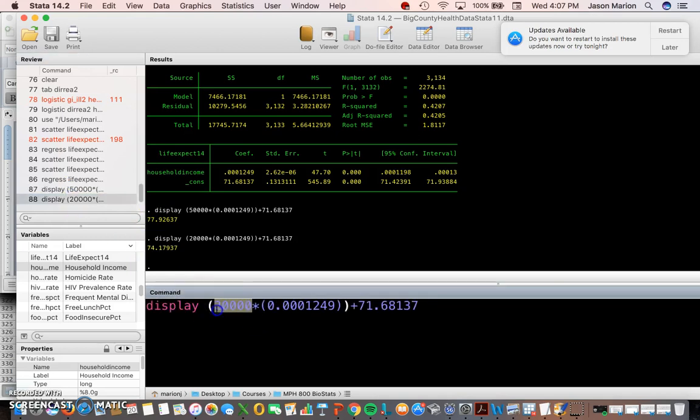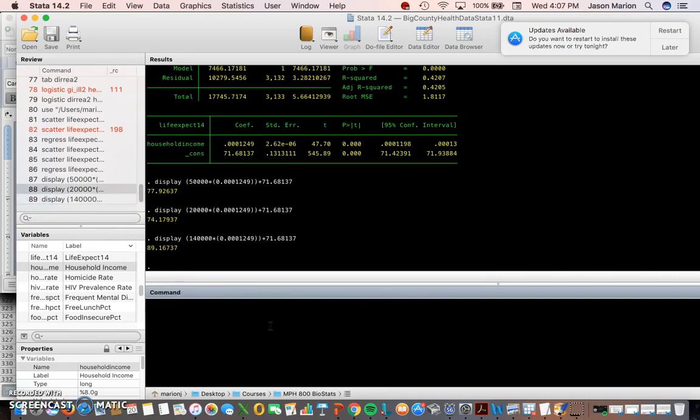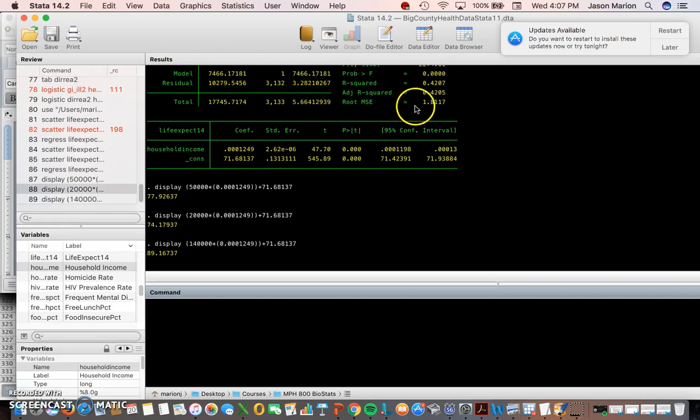If you make a lot of money, $140,000, communities that make $140,000 US would be expected to have a life expectancy of 89.16 years using this particular formula. That may not be accurate, but that's what the formula says.